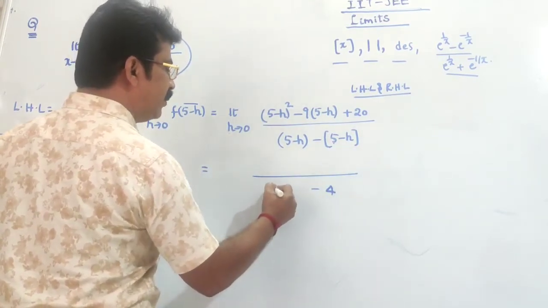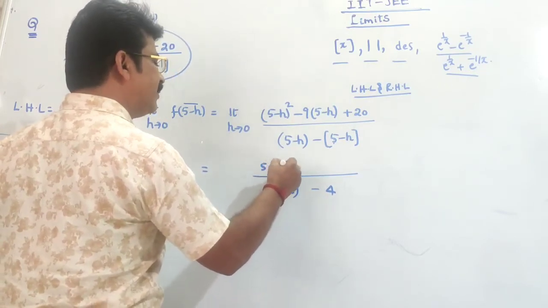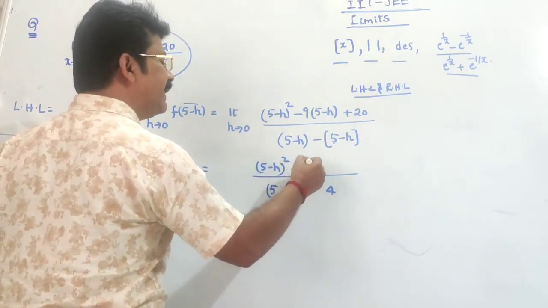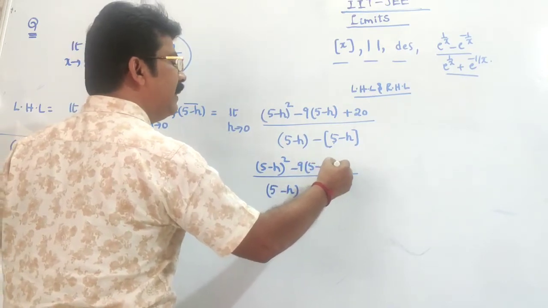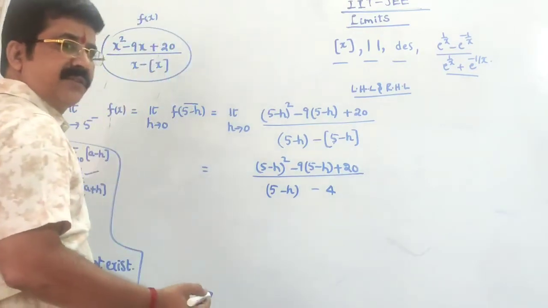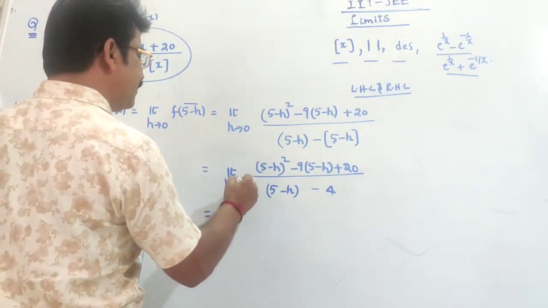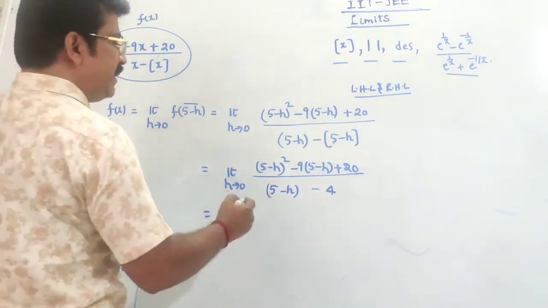So it is as usual 5 minus h, and (5 minus h) whole square minus 9 into (5 minus h) plus 20. The remaining part is an ordinary function. So that is equal to limit h tends to 0. Now, as usual, put h equal to 0.